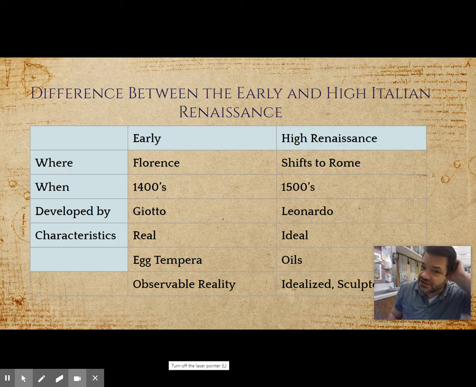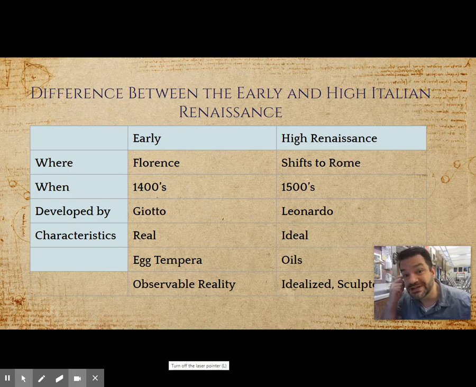As we change centuries, as we get into the 1500s, the center of the Renaissance, the center of art production, is going to shift from Florence to Rome. And the reason why that's going to happen is because the Medici are going to get kicked out of Florence. They're going to run afoul of the church for various reasons.